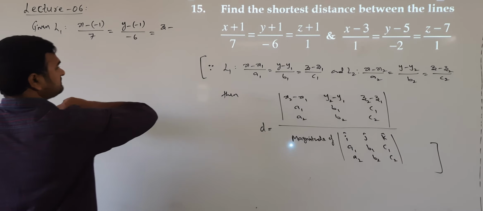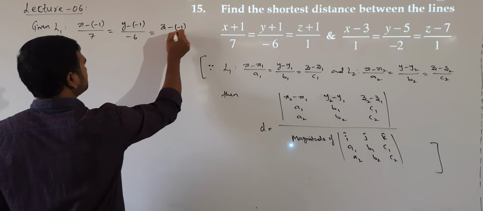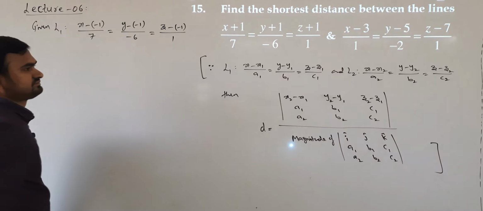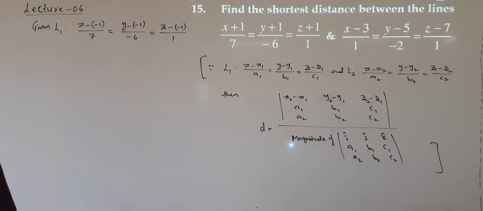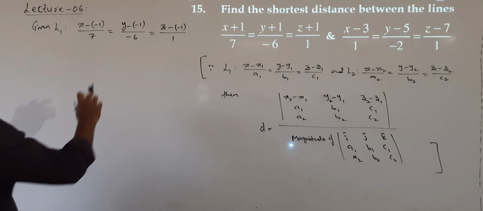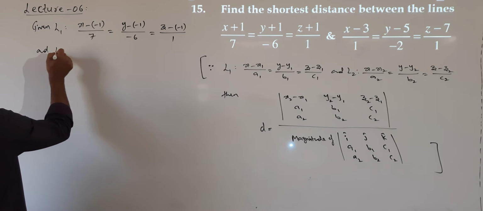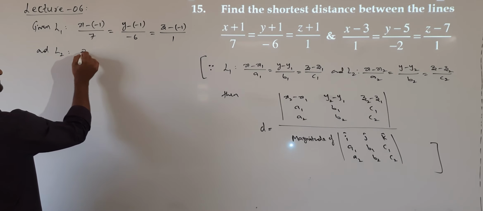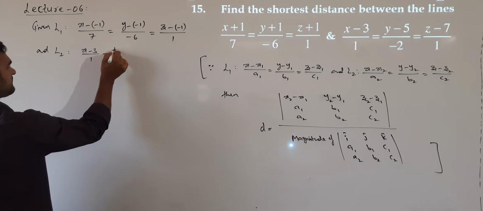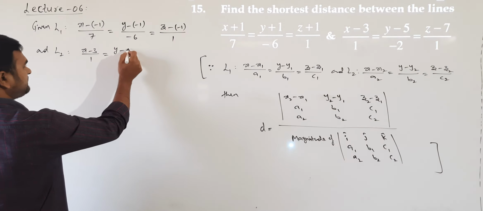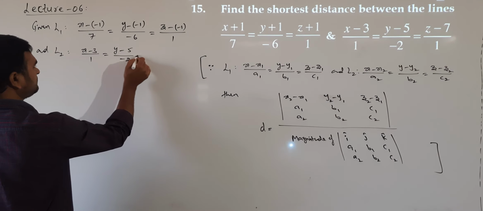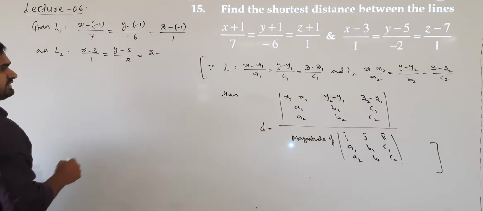Z plus 1 means z minus minus 1 divided by 1. Okay, that is the first line. And second line, I will take L2: (x minus 3) by 1, (y minus 5) by minus 2, (z minus 7) by 1.